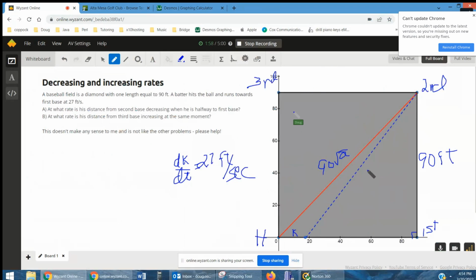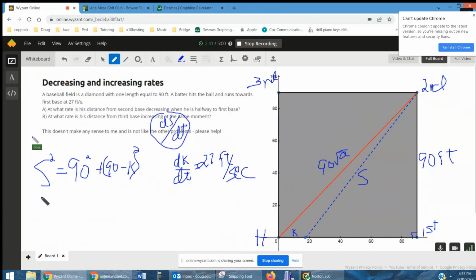And so if we call S the distance from the runner to second base, what's true is that S squared by the Pythagorean theorem equals this 90 squared plus this distance right here, which is 90 minus K, the quantity squared. And if we take the derivative of all these variables with respect to time, we want to solve for ds/dt. That's what we want to find.